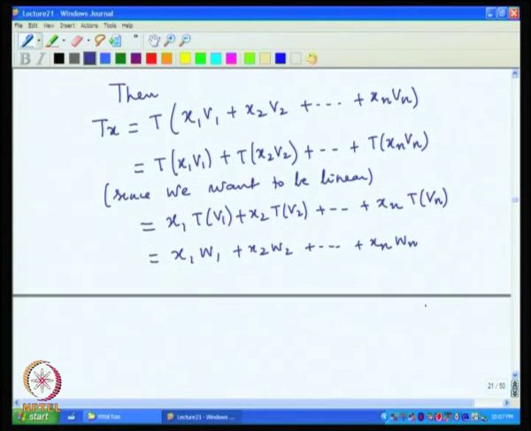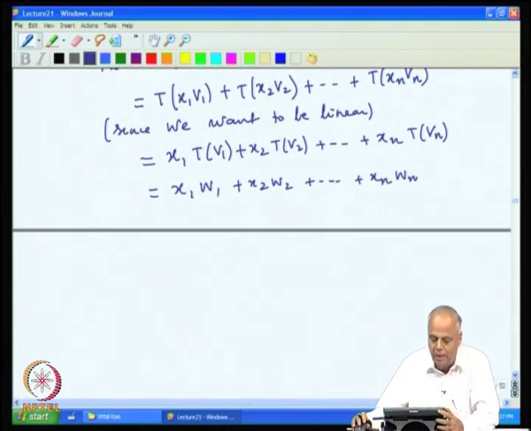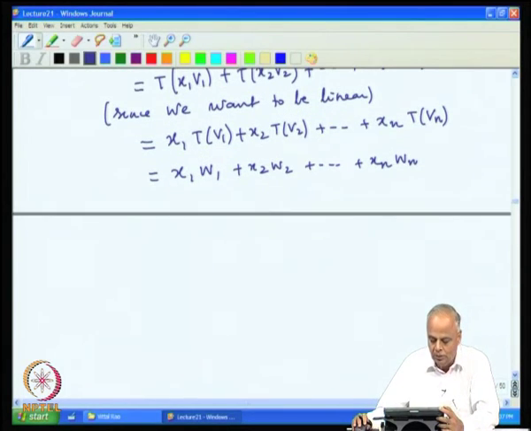So, what we have got here is that the moment you know the action of the linear transformation on the basis vectors, the action on other vectors is automatically taken care of by the superposition principle.